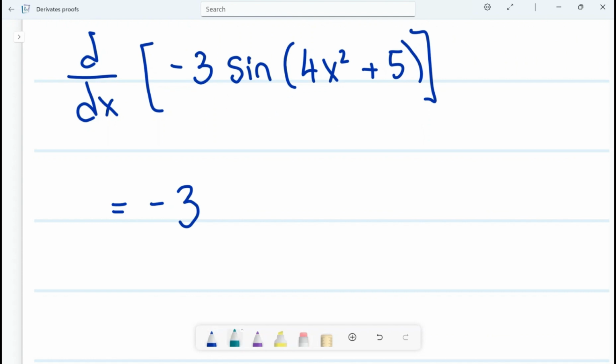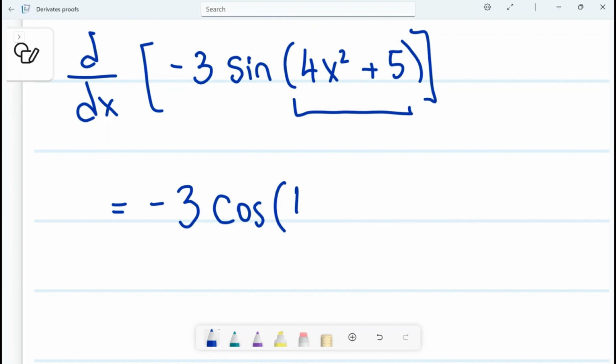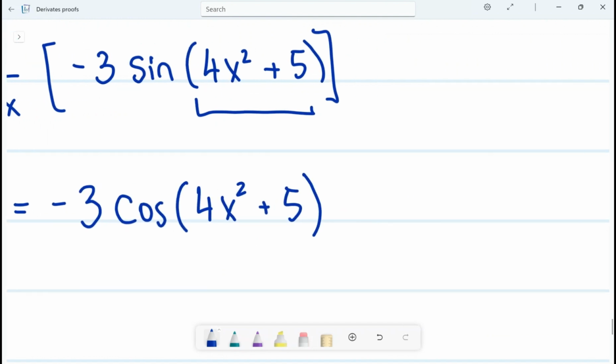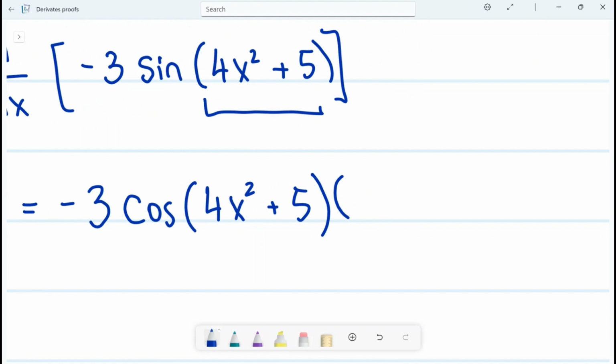So what you do, you take the derivative of this outside function. Derivative of sine is cos. You evaluate it at what's inside. So you evaluate it at 4x squared plus 5. And then you take the derivative of what's inside. So the derivative of 4x squared plus 5. To take the derivative, we learned this before. So first of all, 4 is a constant. You keep it out.